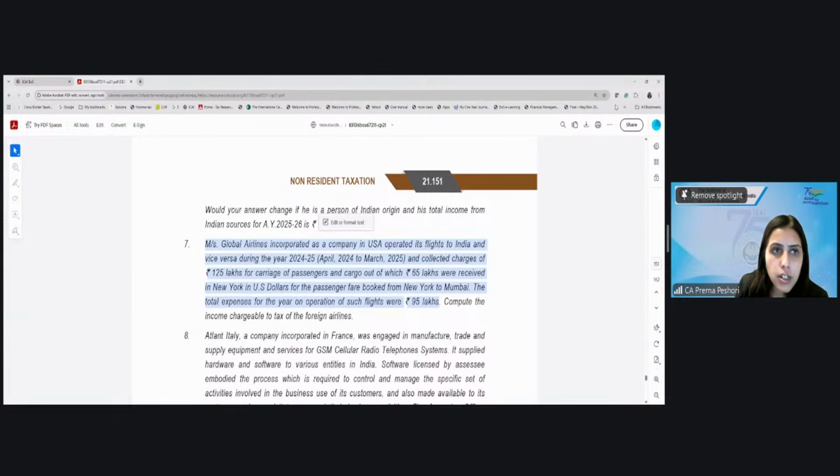What will you include here? So 5% is on the amount paid or payable to the assessee on account of carriage of passengers, livestock, mail or goods from any place in India, and received on account of carriage from any place outside India. So only 60 lakh, 5%? Yes, very good. On the balance 65 lakh, there will not be any income accruing or arising in India.